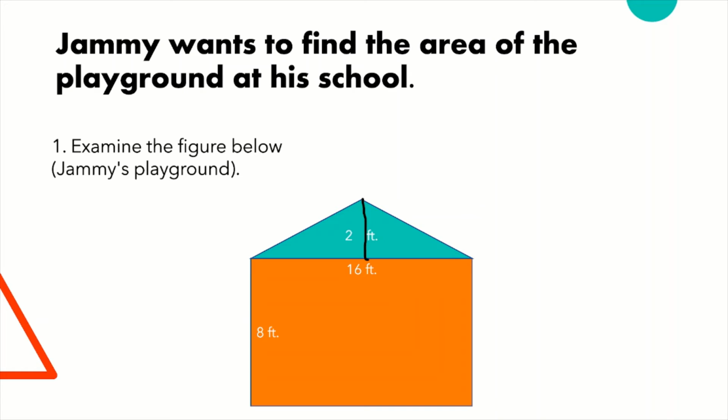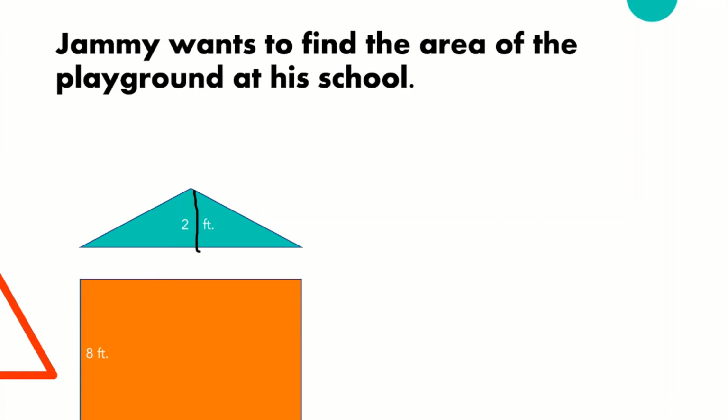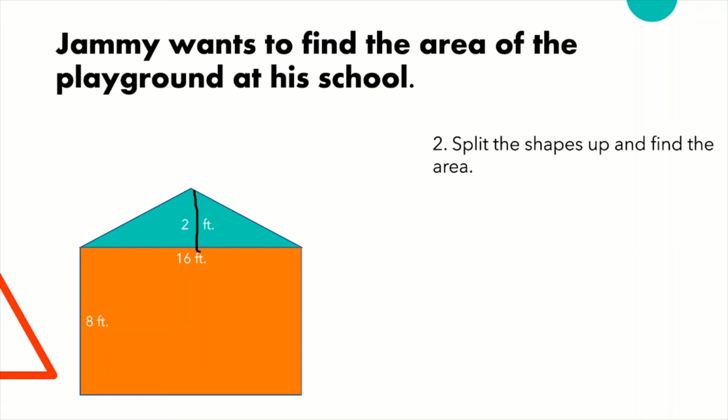Okay, let's start solving. So second, let's split the shapes up and find the area. This is already split up into a triangle and a rectangle. So now let's find the area. Let's start with the triangle.